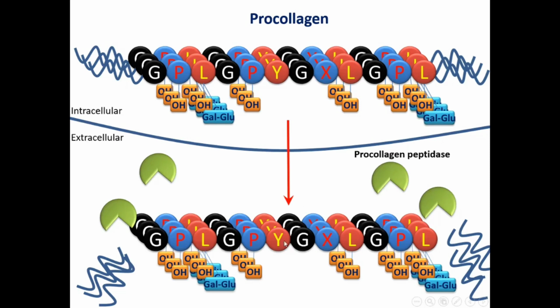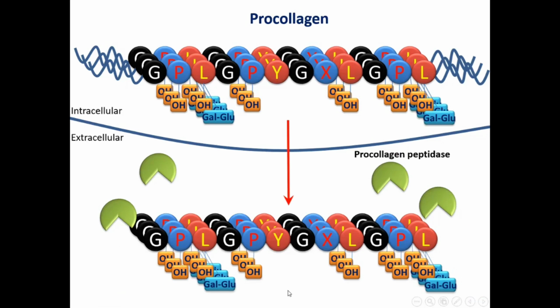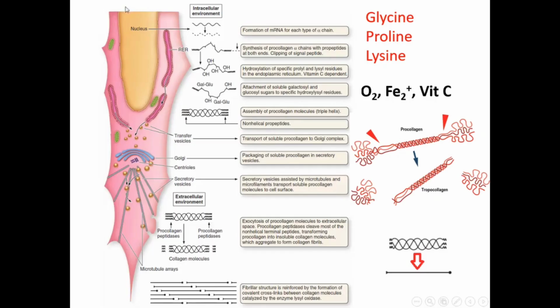Now we call this part collagen molecules or tropocollagens outside of the cells. This rod-like structure, after formation, starts to assemble automatically and forms other types of collagens.